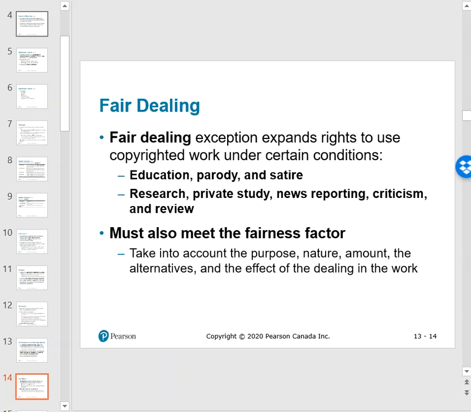Okay? But we cannot forget to properly cite, because this way we avoid plagiarism. We avoid telling others or the audience that we are the owner of that idea, of that text, in which case we are not. But we can use it.